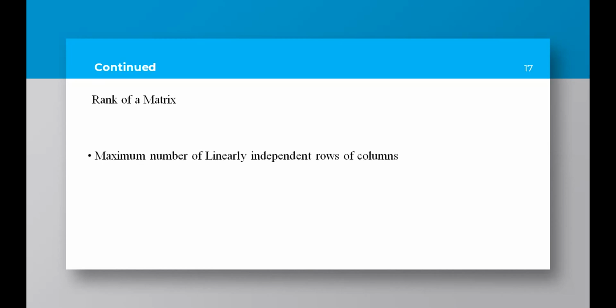So here we can define the rank of a matrix in 2 ways. First one is the maximum number of linearly independent rows or columns. You know how to check linear independence now, just by checking the determinant of the given matrix. First you have to go through the highest order. If it is a 3 by 3 matrix, first check the 3 by 3 determinant.